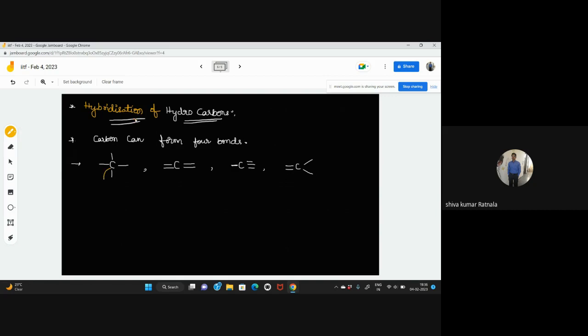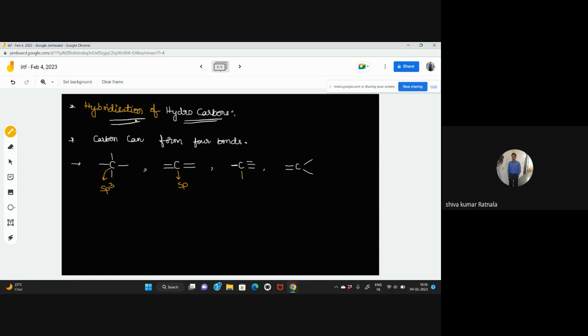Here, if carbon is having all 4 bonds as single bonds, that is sp3 hybridization, we can say. That means that carbon undergoes sp3 hybridization. If carbon has a double bond on both sides, this carbon undergoes sp.